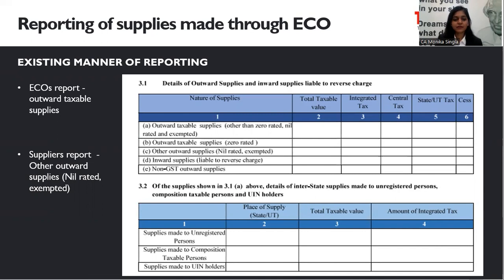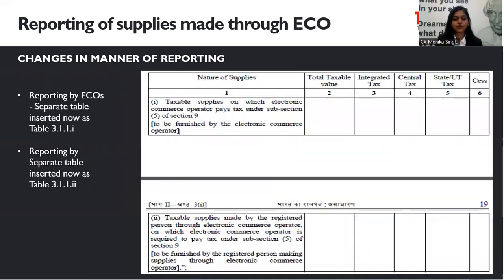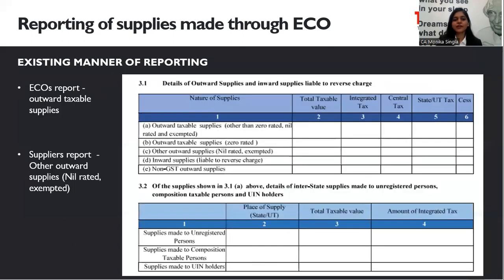But after the insertion of this new table, the supplies on which tax is to be paid under section 9(5) are to be reported as taxable supply made by the registered person through ECO, on which ECO is required to pay tax under section 9(5). And the other supplies will be reported in the same manner as it was done earlier in table 3.1.